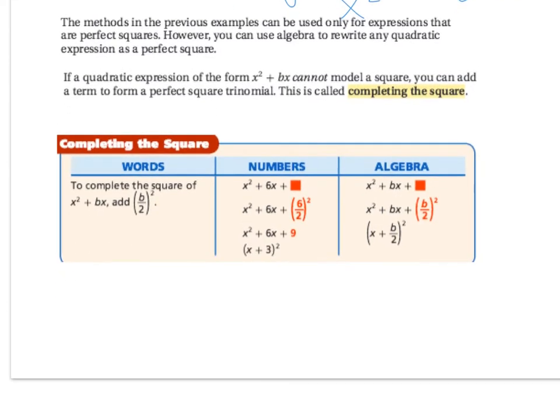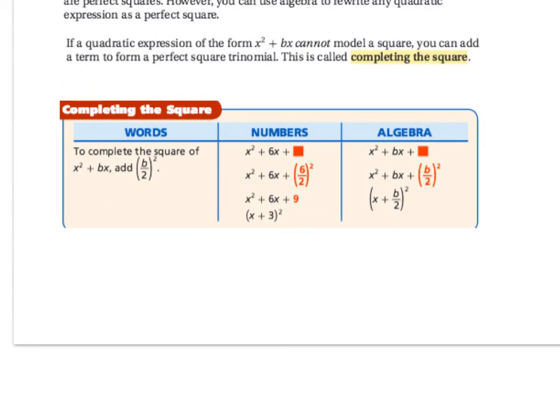So the process is that you take that middle coefficient, you divide it by 2, and then square it. That will then be your number on the end, and you should end up with a perfect square trinomial.